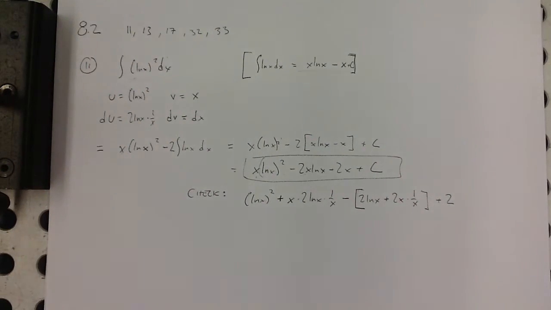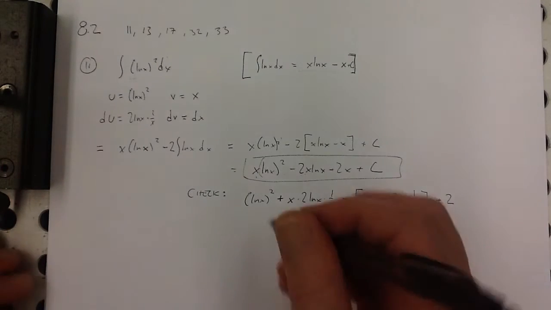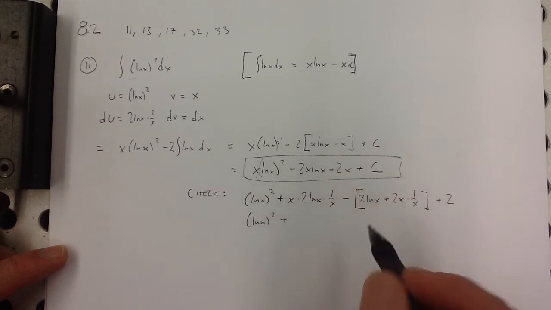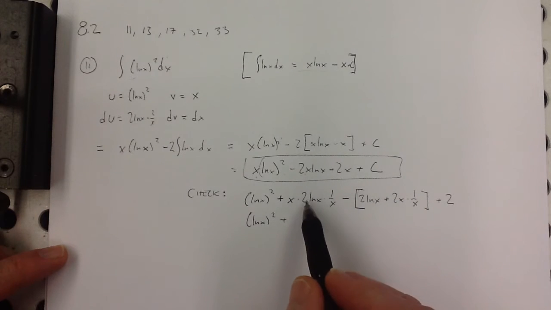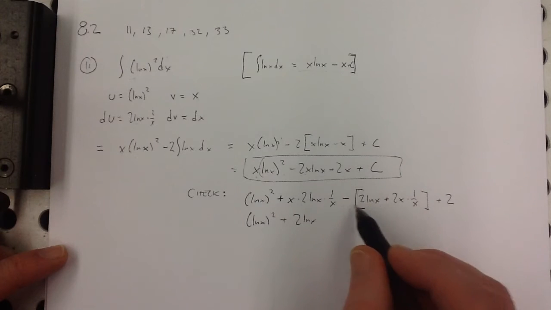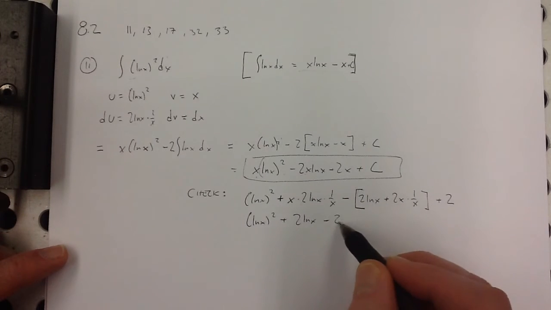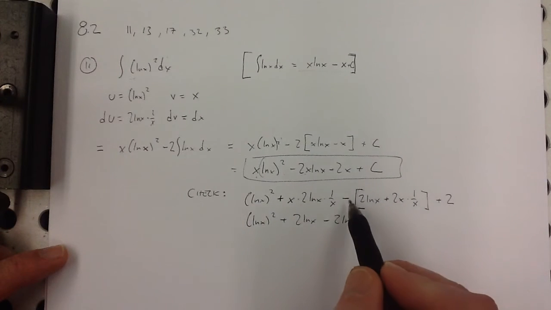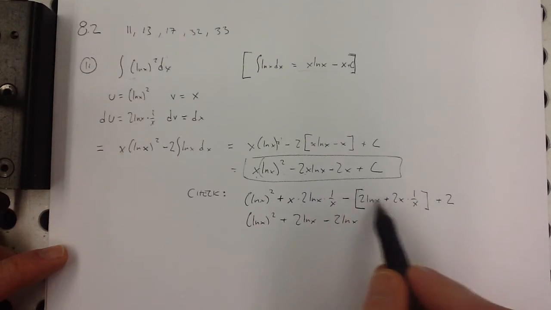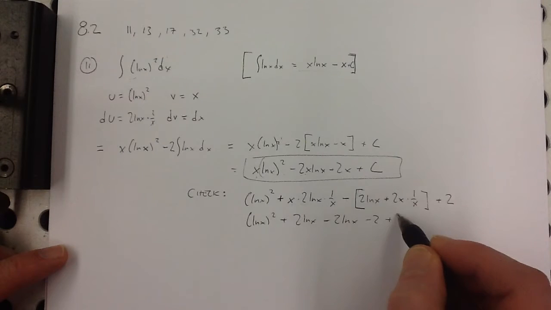Somehow that's all supposed to turn into the original, so let's see if it works. Natural log of x squared plus, simplifying, x times 1 over x cancel, so that's just 2 natural log x, and then minus 2 natural log x, minus x and 1 over x cancel, so that would just be minus 2 plus 2.